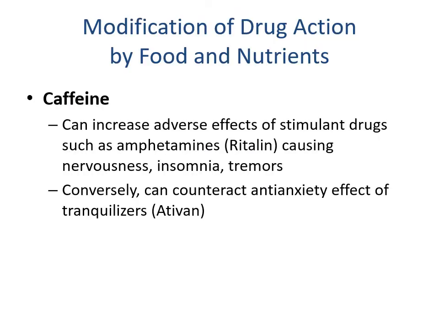Looking at caffeine, caffeine can increase the adverse effects of stimulant drugs, such as amphetamines like Ritalin, causing nervousness, insomnia, and tremors, and conversely can counteract the anti-anxiety effect of tranquilizers, such as Ativan.